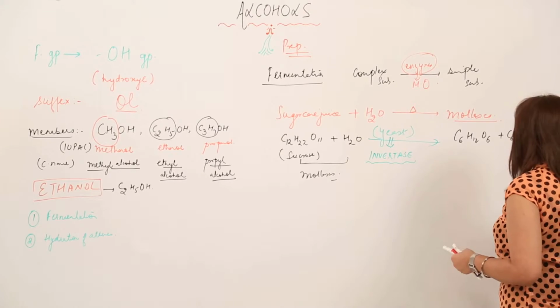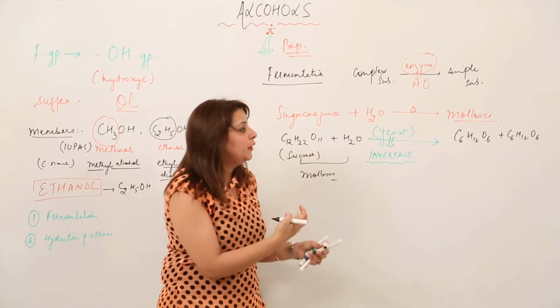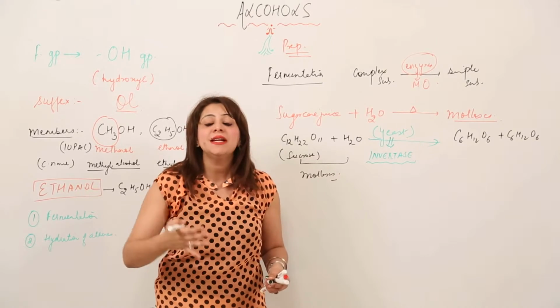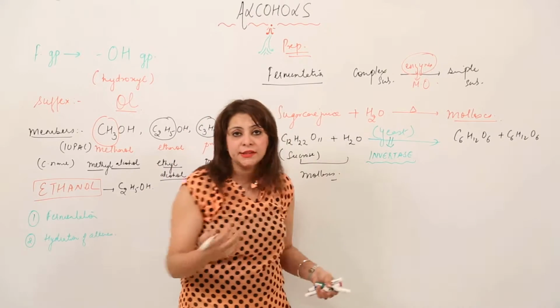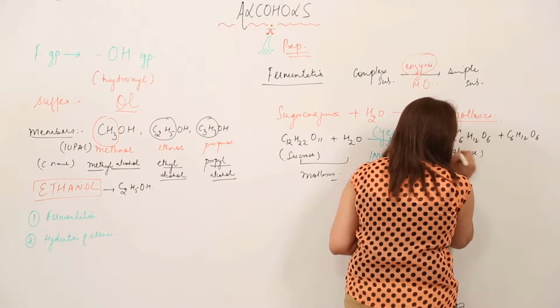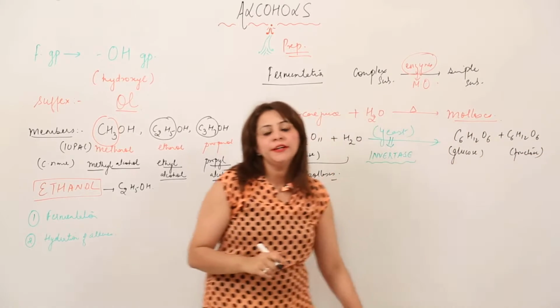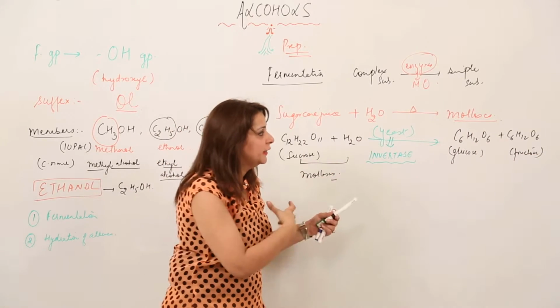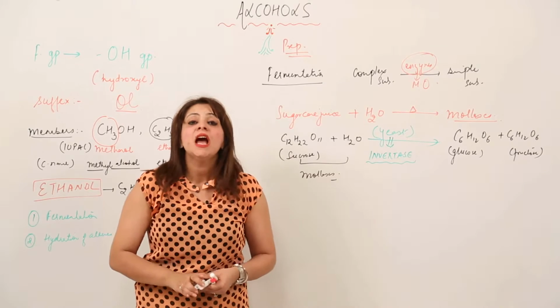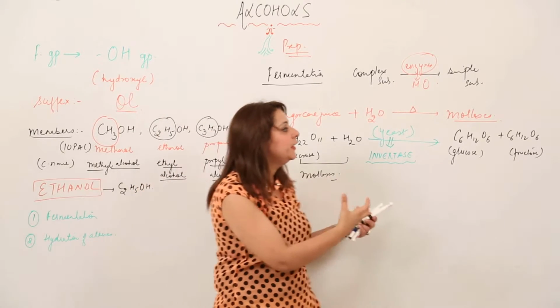We get C6H12O6, again C6H12O6. Though the molecular formula is the same, the names of these sugars are different. These are glucose and fructose. This question must be knocking in your mind that they have similar formulas, but I am writing different names. They actually differ in some aspect.